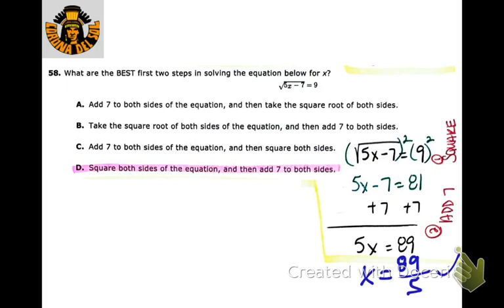Oh, that's not 89. That's 88. That's 88 over 5, and 88 over 5, see, that does work, because then it'd be 88 minus 7, that'd be 81. Okay, so it didn't affect this answer because it's still D, but just the work would be 88 over 5. Cool? All right.